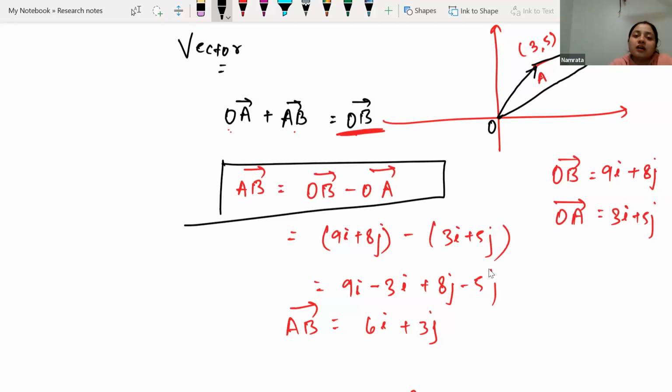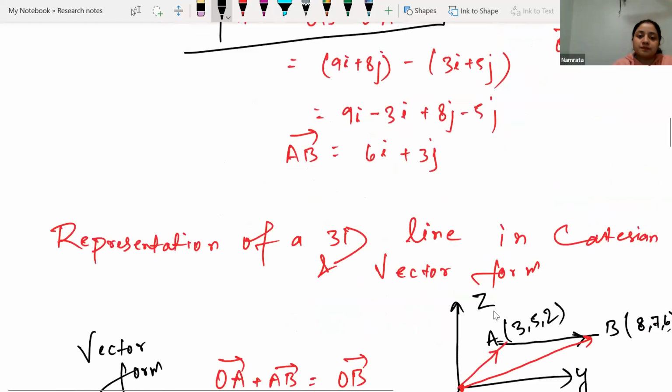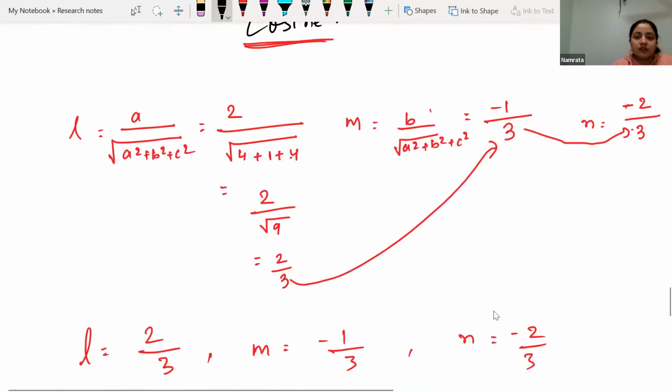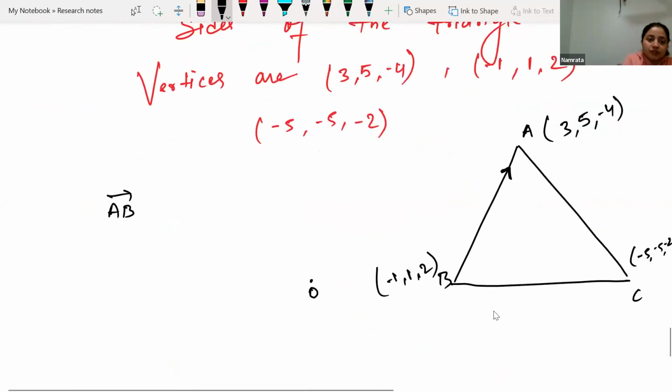So here, rather than drawing the origin O and the x-axis, y-axis, z-axis, I am directly going to write AB as OB minus OA. We can write the equation of the line AB in vector form as OB minus OA. Any confusion over here? Directly I am writing it.